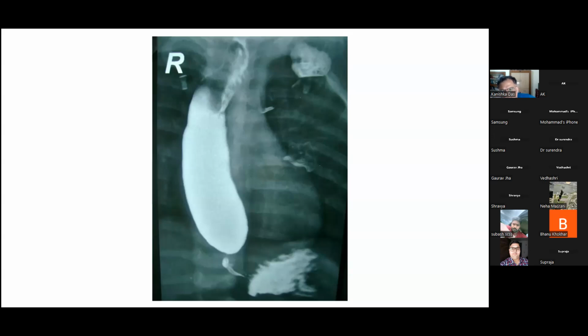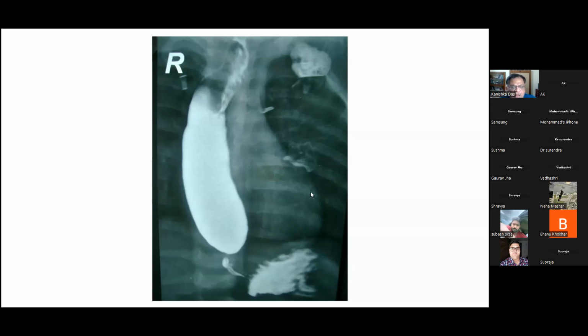Corrosives? Yes, a corrosive poisoning would be one. One more? Post reflux, GER stricture. You always think of common things first. So those are two common ones that we see.